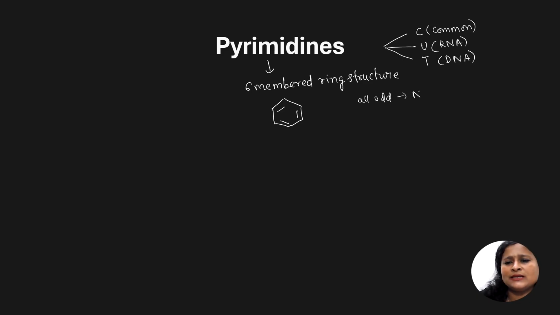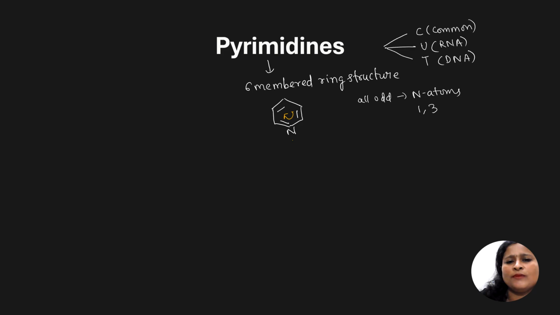So nitrogen atoms will be present in position 1 and position 3. The numbering always starts from the base nitrogen and is always in the clockwise direction.